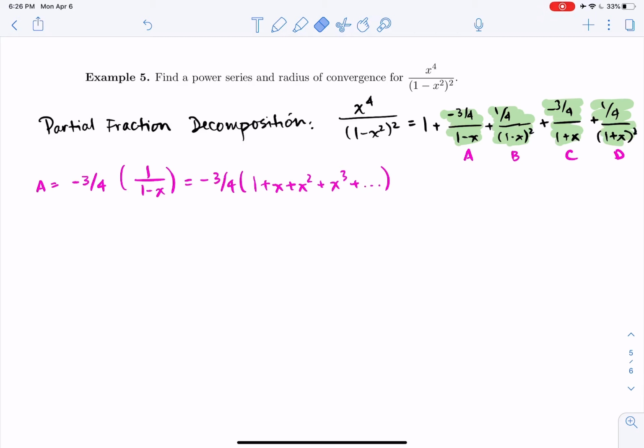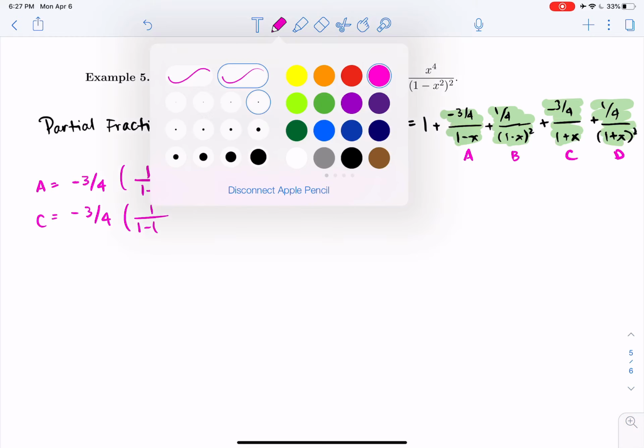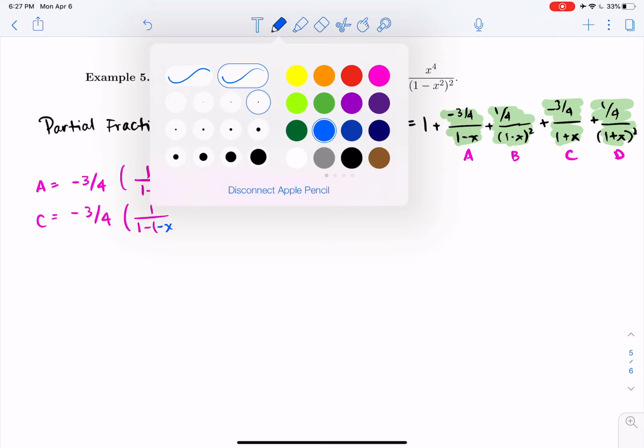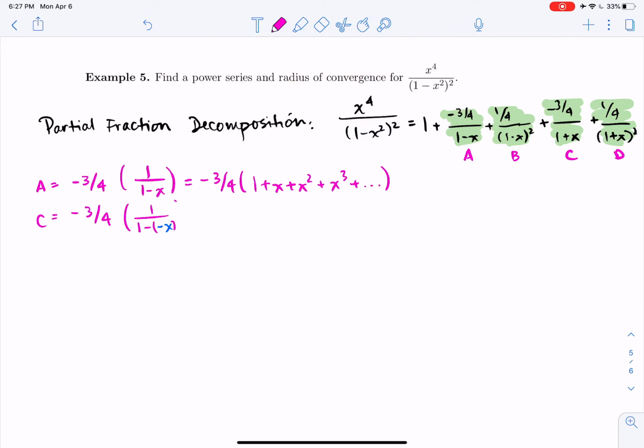So C is also just a constant times not 1 over 1 minus x, but 1 over 1 plus x. So we're going to plug in a minus x into this familiar power series.